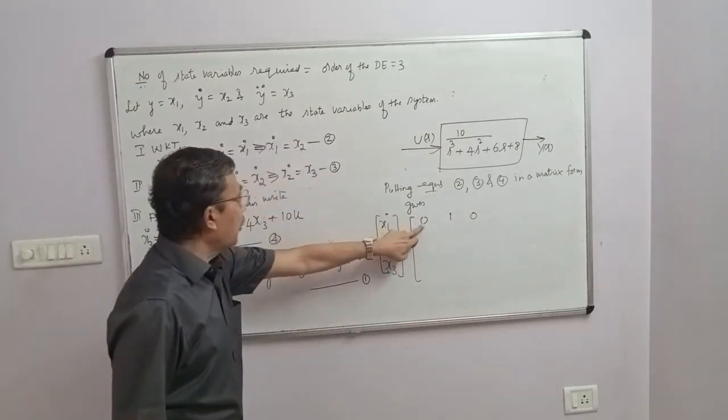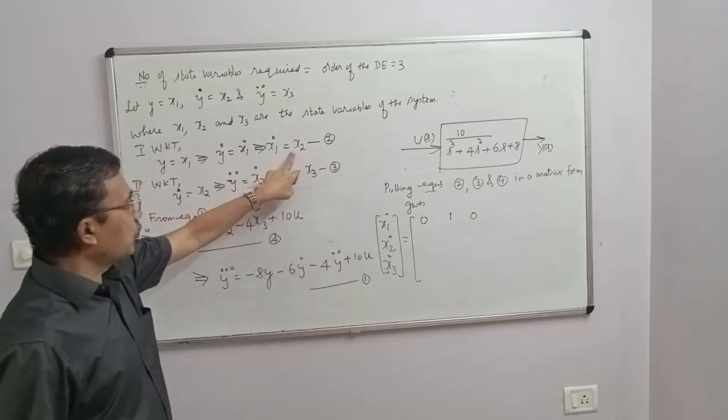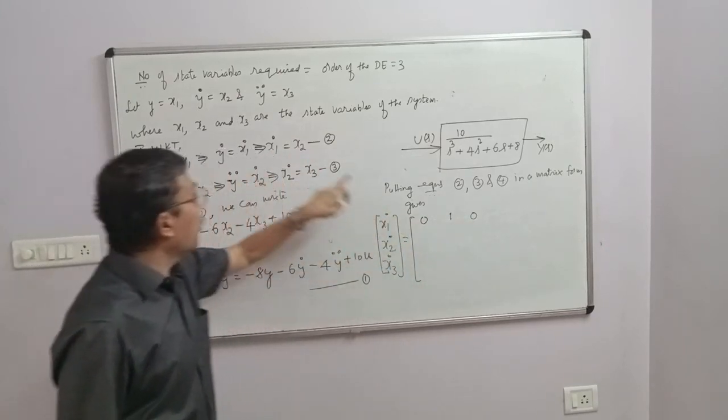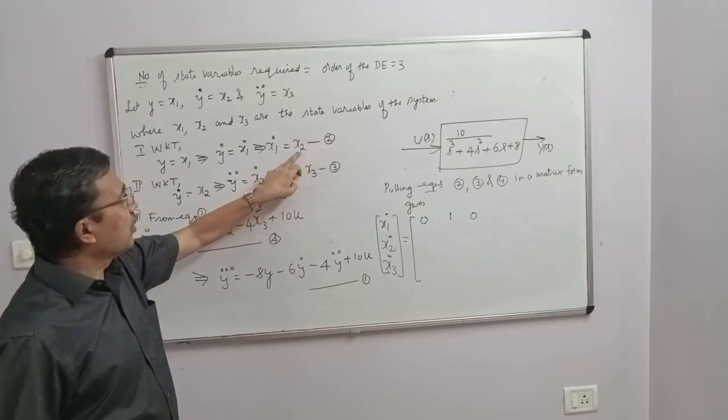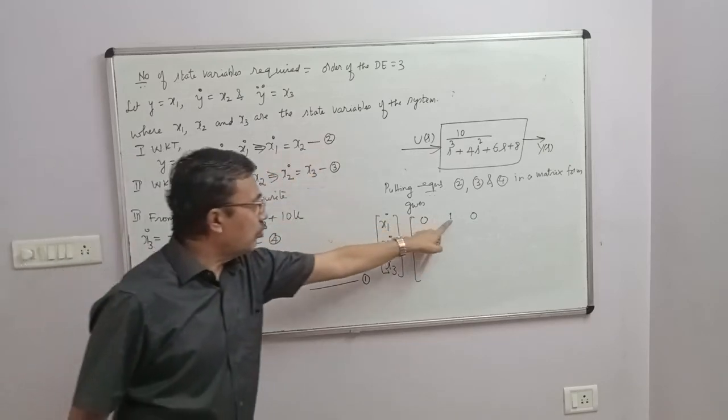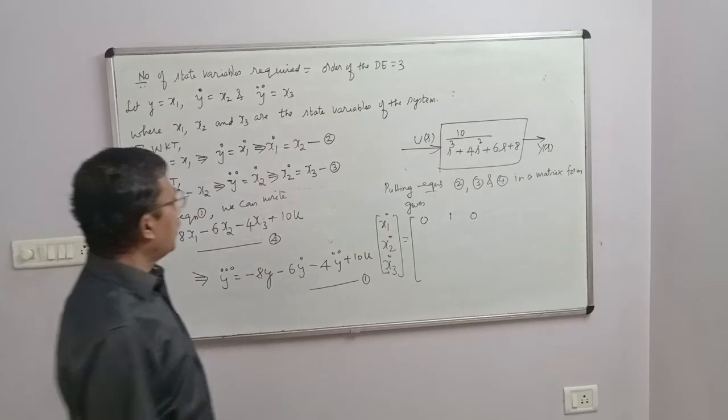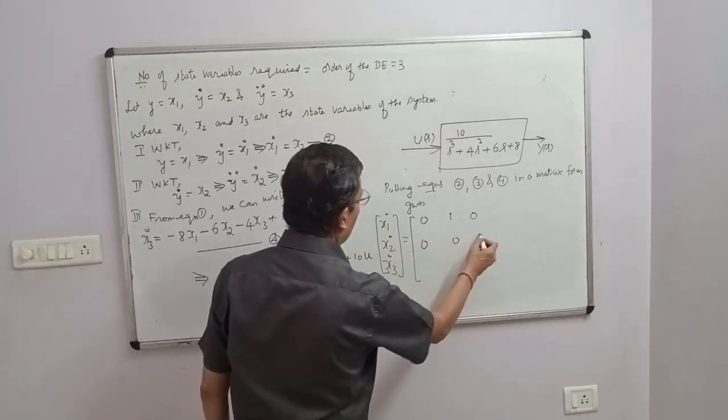The first element is 0 because in equation 2 there is no x1. Last element is 0 because in equation 2 there is no x3. Coefficient of x2 is 1, therefore this 1. Now come to equation 3. It is what? 0, 0, 1.